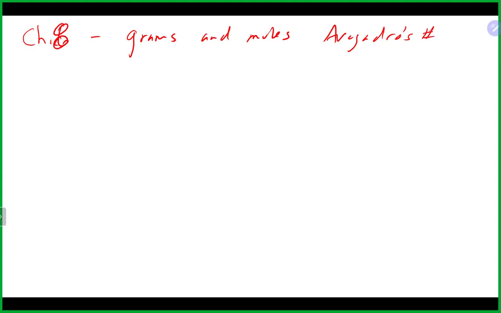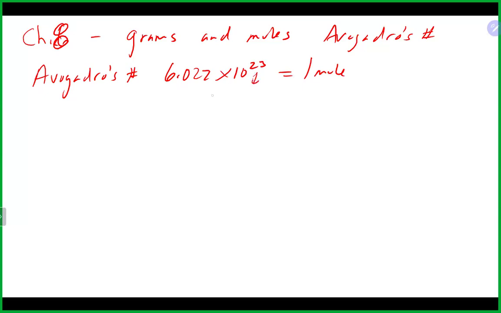So remember our conversions between these things. Avogadro's number is 6.022 times 10 to the 23, and that equals 1 mole of something. The units associated with Avogadro's number can vary. They can be atoms, they can be molecules.